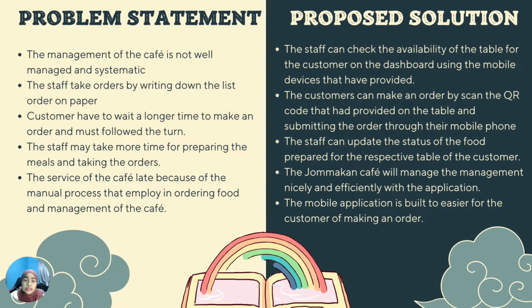And next, the staff can update the status of the food prepared for the respective table of the customer. The Jom Makan Cafe also will manage the management nicely and efficiently with the application. And last but not least, the mobile application is built to make it easier for the customer to make an order.